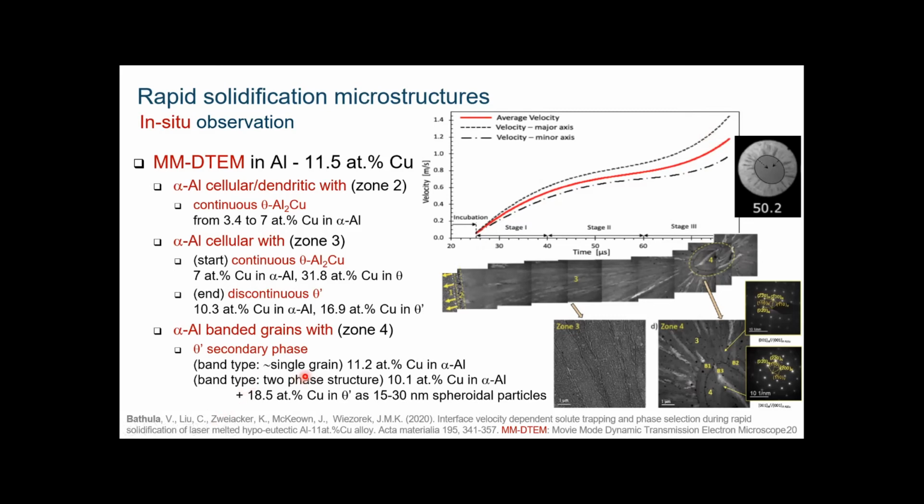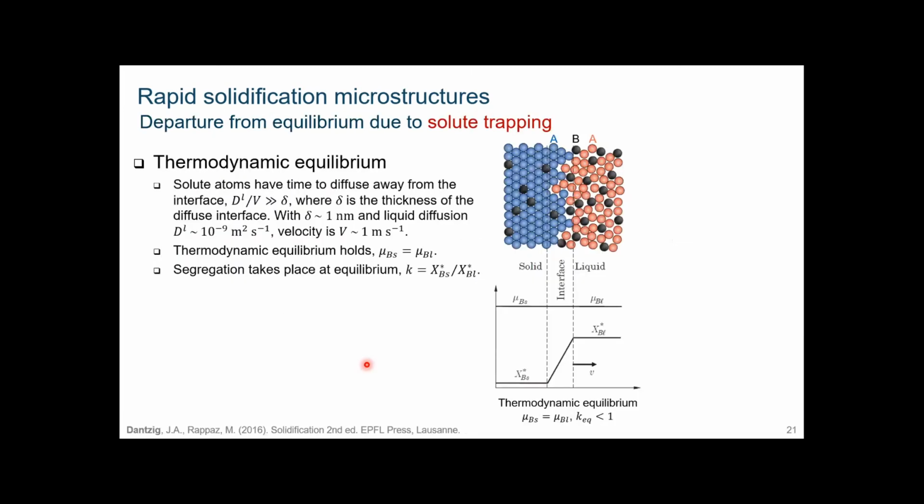And again, you see that the alpha aluminum cells have an increased composition of copper. And this cannot be explained by just increased undercooling and increased solubility of copper in alpha aluminum. So to explain that, you need to account for rapid solidification phenomena that are known as solute trapping.